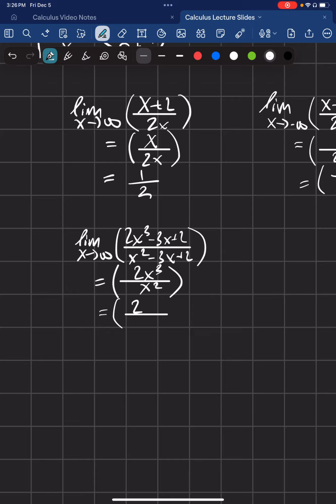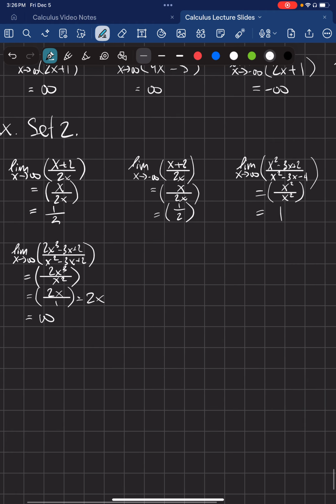And then we're going to end up with 2x over 1, which is equal to 2x, right? And so then we can say the limit as x approaches infinity of 2x. We kind of saw that before with the previous problem, right? When we plug in these values for x and they get really, really big, it's just getting multiplied by 2. So it's also just getting really, really big. So we get that the limit of that whole function, 2x cubed minus 3x plus 2 divided by x squared minus 3x plus 2, is going to approach infinity.